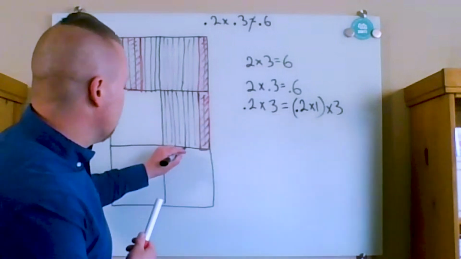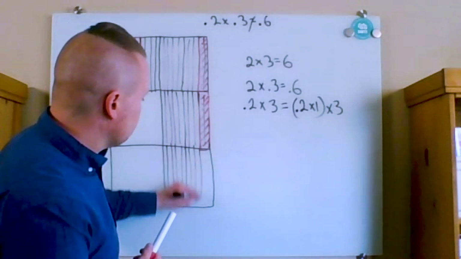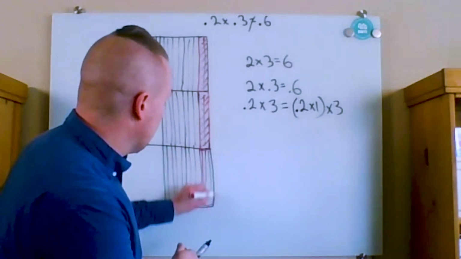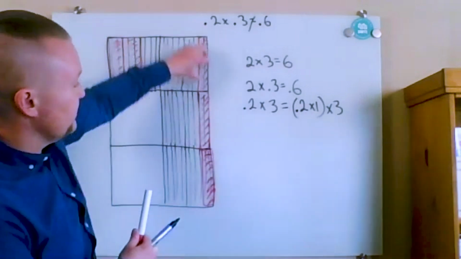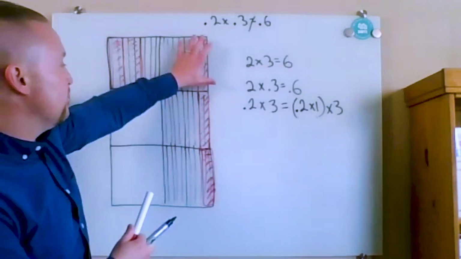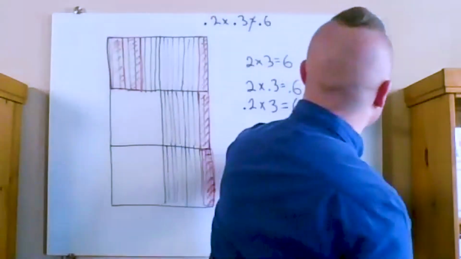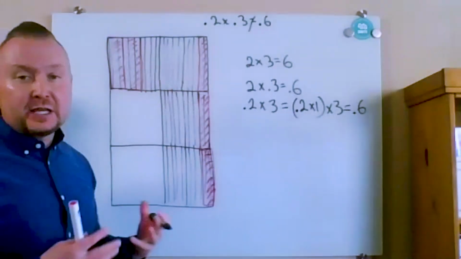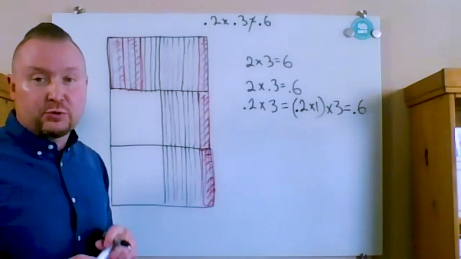So I need to repeat the process one last time. Okay. So now I've got the 2/10 of 3, and if we recompose that all together, we'll actually end up with the 6/10 that we had over here. It's just a different arrangement and a different diagram. So we get to 6/10, it's just a different process.